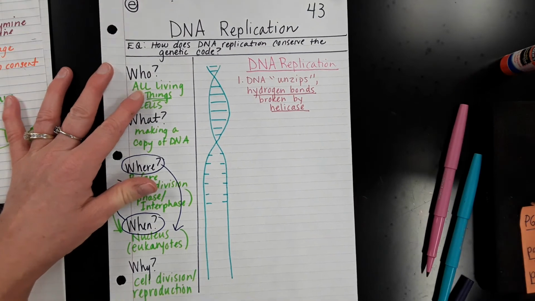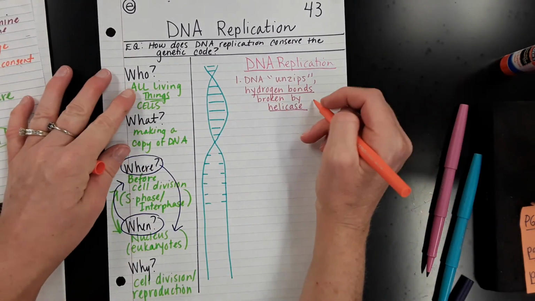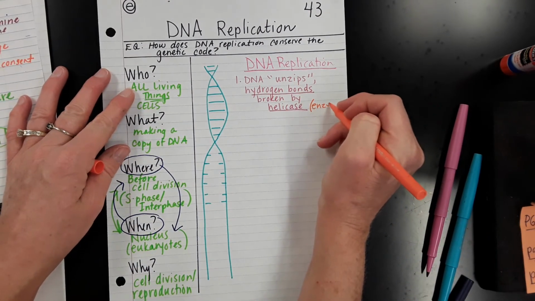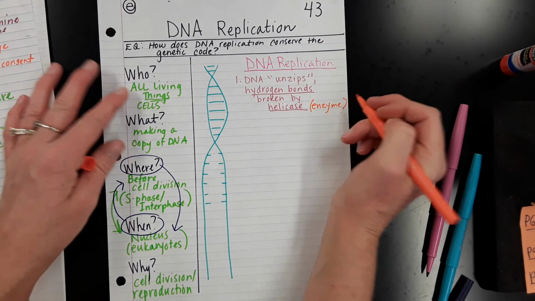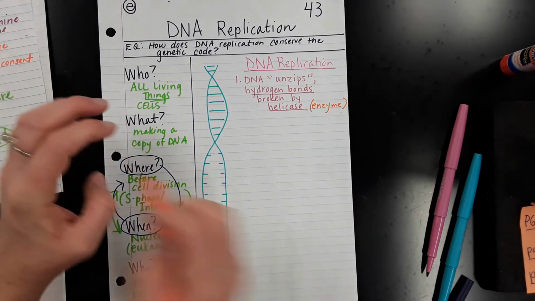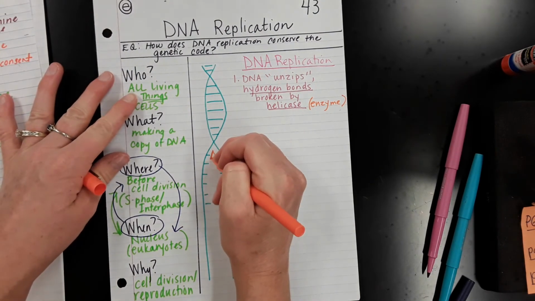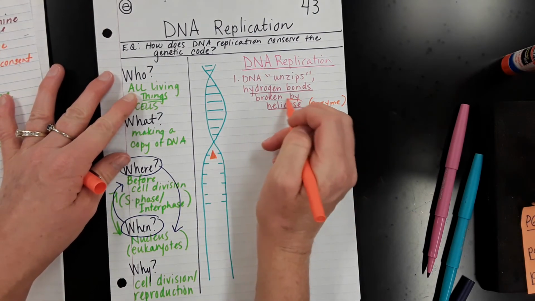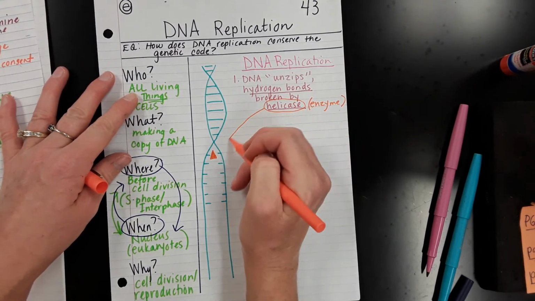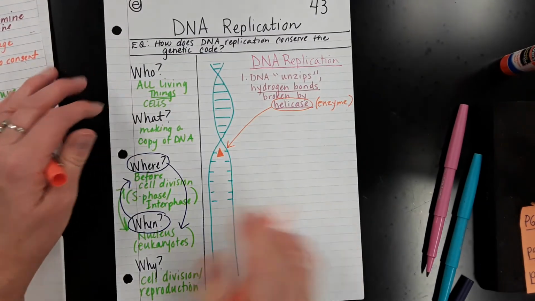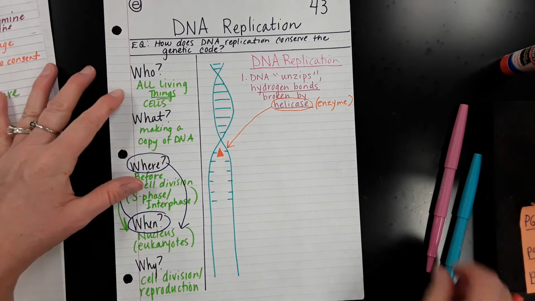You might want to make a little note to yourself, like, who does this? It's helicase. All right, so here comes helicase, works like a zipper, and it's going to go down and unzip the DNA strand, breaking apart those hydrogen bonds.